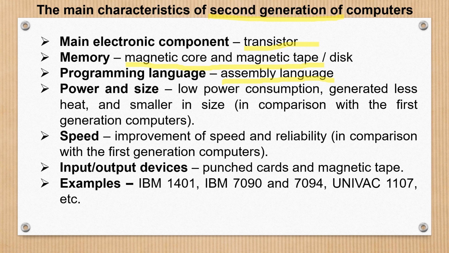On power and size, they consume less power than the first generation systems, and their size is still large but lesser than the first generation system, and the speed of the computer is improved over the first generation systems, and reliability is also improved in the second generation, and still the punch cards and magnetic tapes are used for the input and output devices.